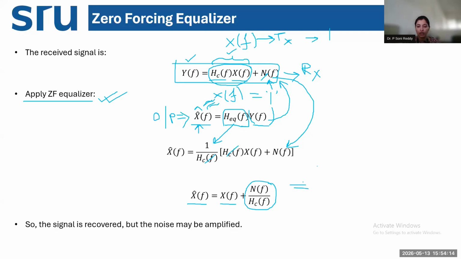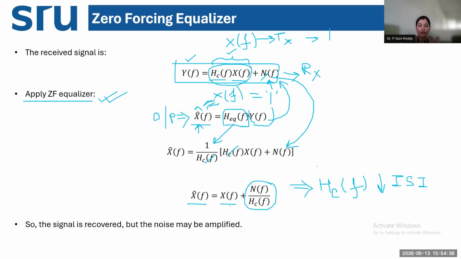So here, the objective of the zero forcing equalizer is to make the channel characteristics go as low as possible, to minimize the effect of the channel so that I can minimize the ISI, or the inter symbol interference, because of the channel. Okay, this is my objective here using the zero forcing equalizer.